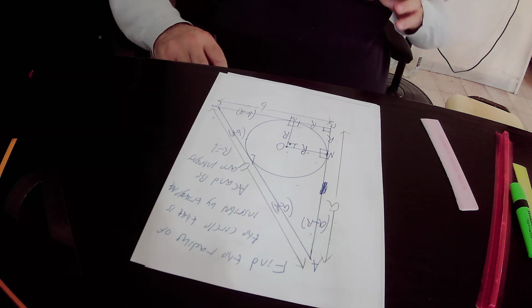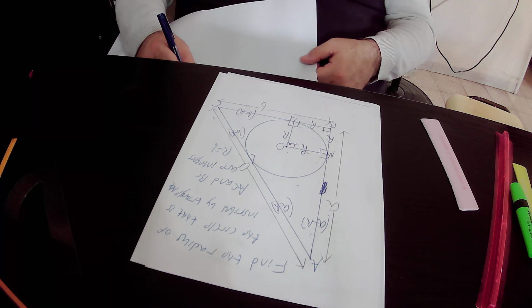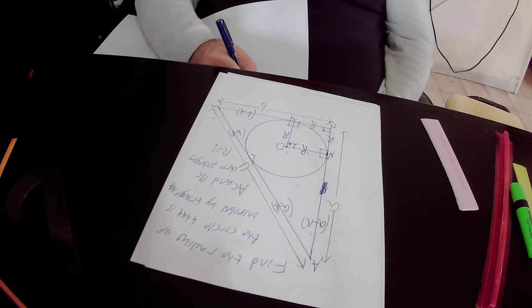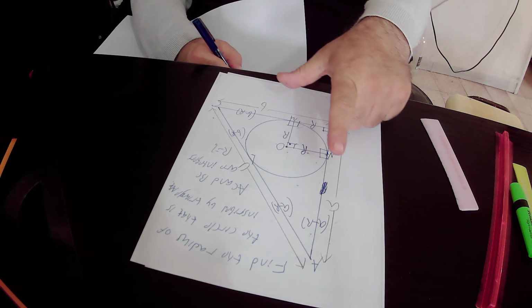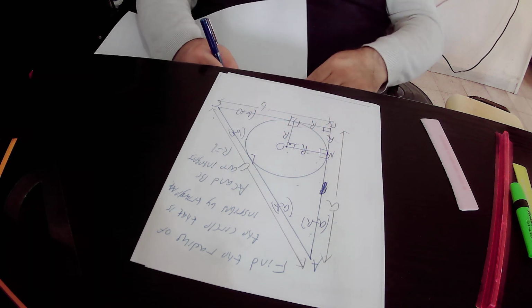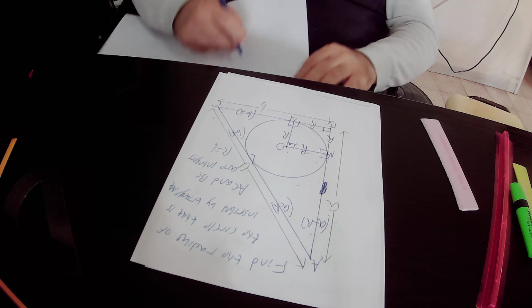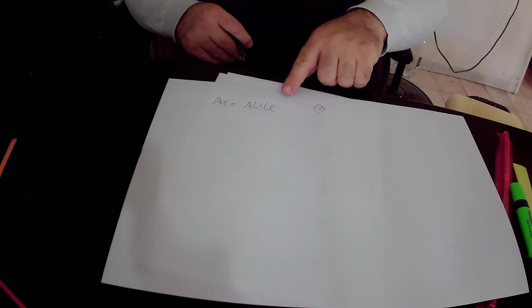So what is the length of the hypotenuse AC? From the drawing, it is very easy to see that AC equals AL plus LC. I repeat again, the hypotenuse AC of the right triangle ABC equals AL plus LC.